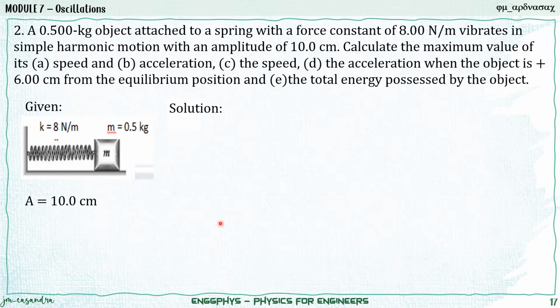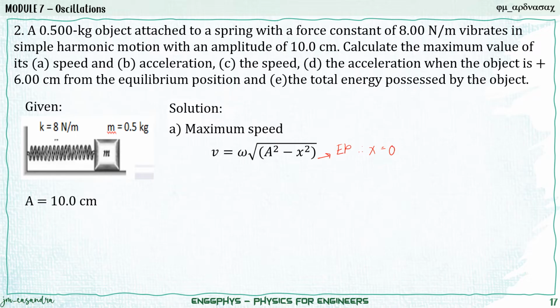So for our solution, for letter A, we have our equation for the maximum speed, Vmax is equal to omega times the square root of A squared minus x squared. As we have said, the maximum speed is experienced when we are at the equilibrium position, meaning x now is equal to 0.